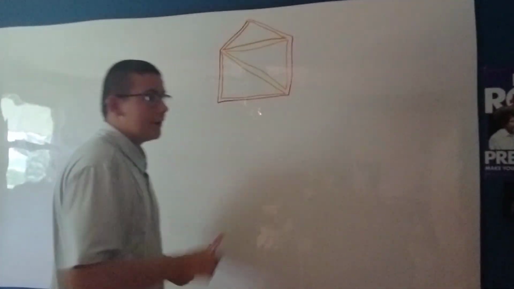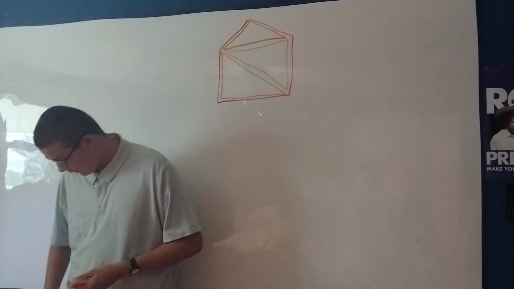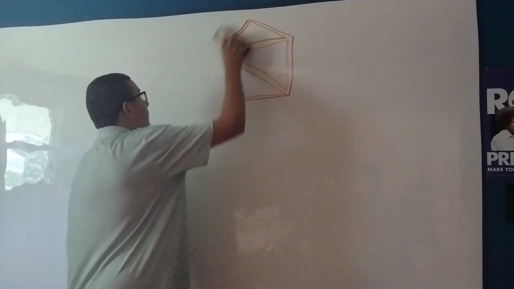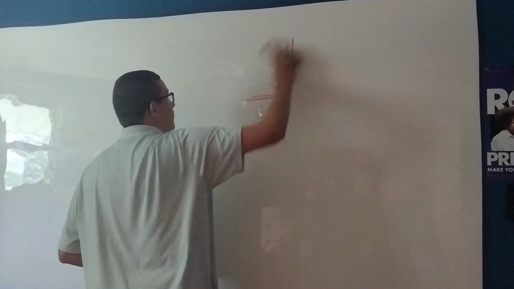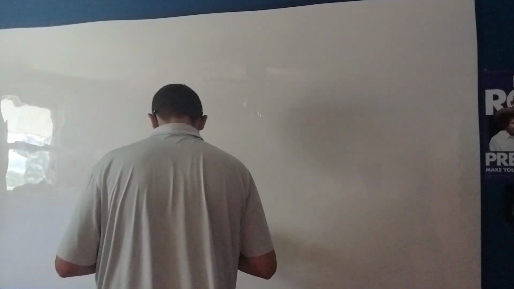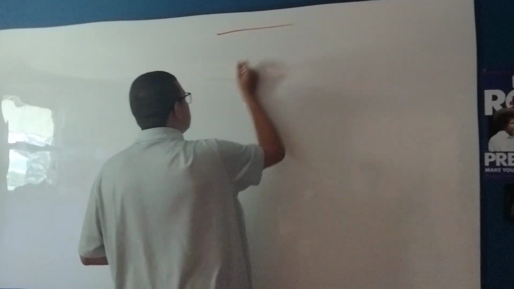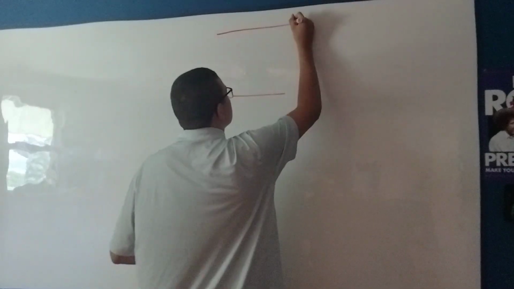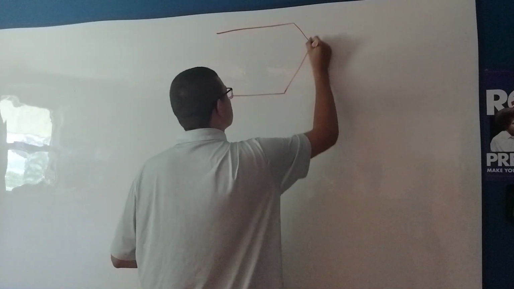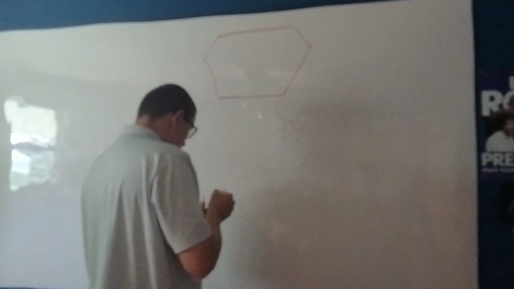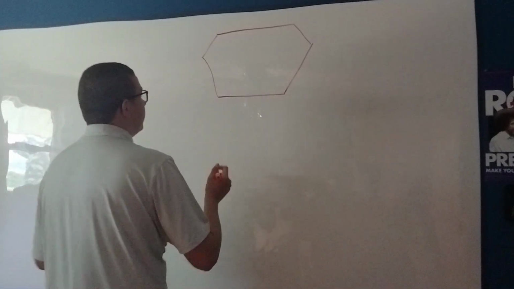But we have three groups of 180 is 540 degrees. So there's 540 degrees in a regular pentagon. And then let's do one more. Let's do a hexagon here. Like this, and assume it's a regular hexagon, so all the angles are the same.